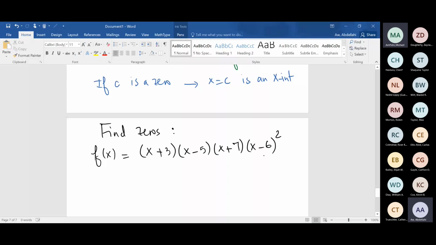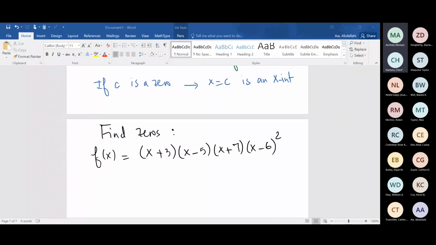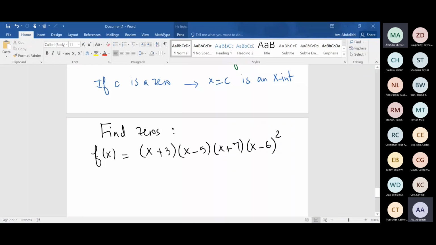What are the zeros for this one? Negative 3, 5, negative 7, and 6. Everybody see how we get those numbers that Sharif just said?